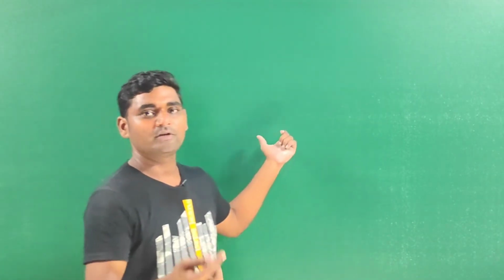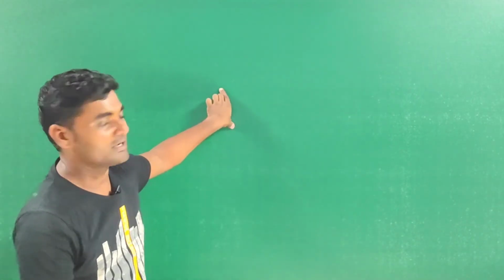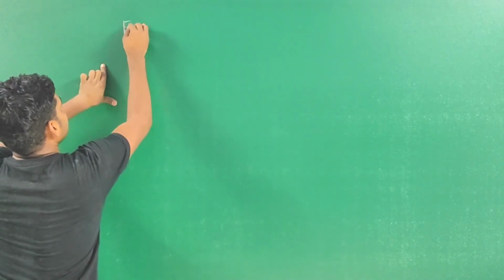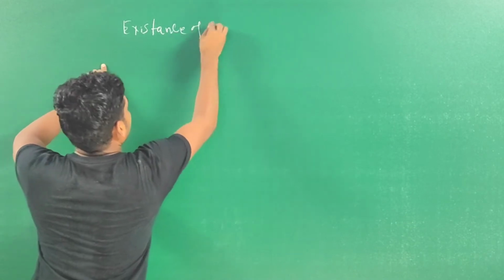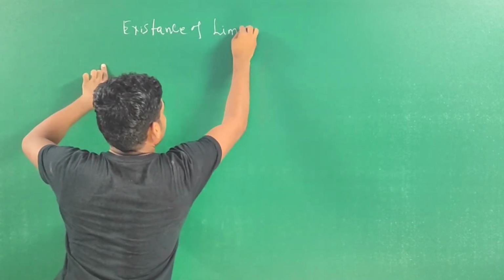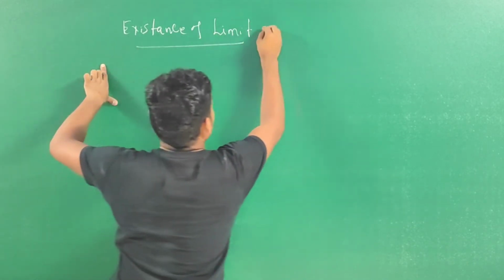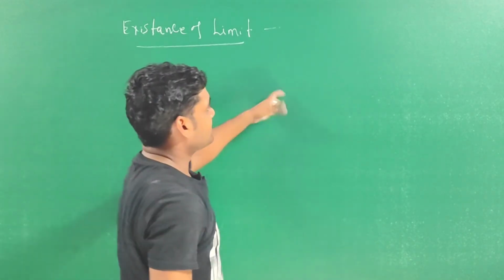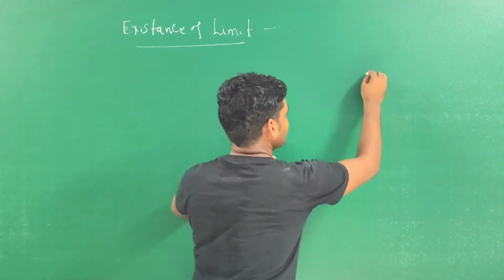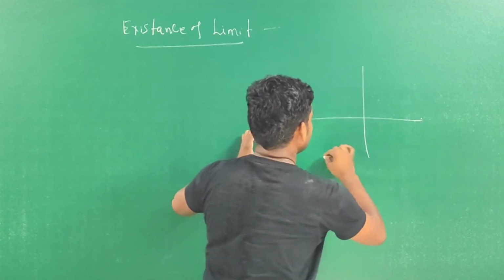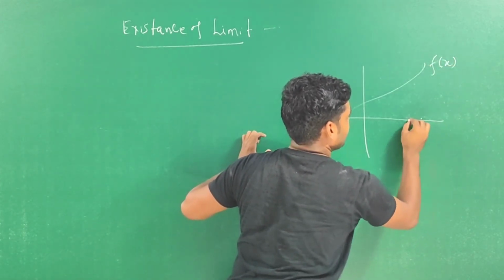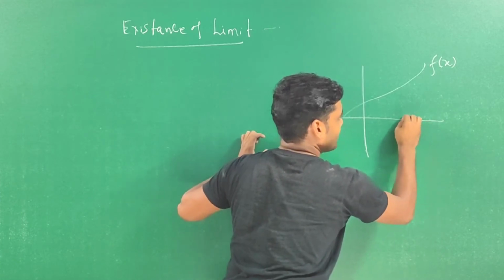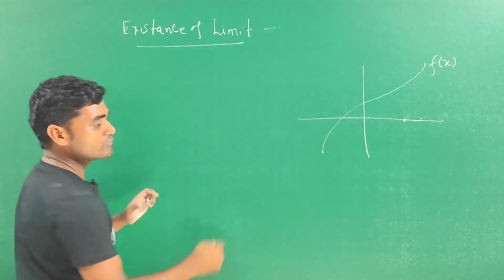Now next we will go for existence of limit. Let's see by graph. Suppose we have any function f(x). Suppose we have to find the limit at x equal to a point.